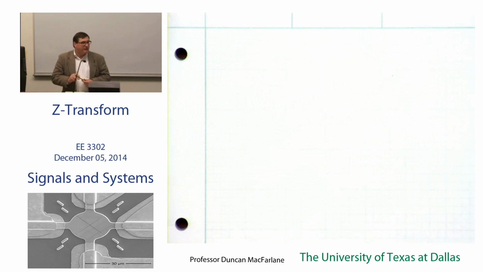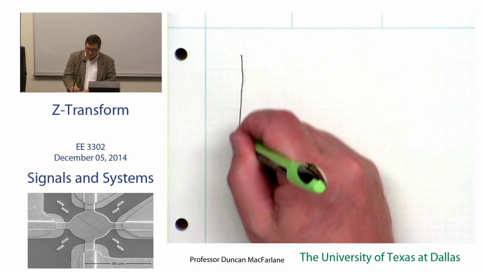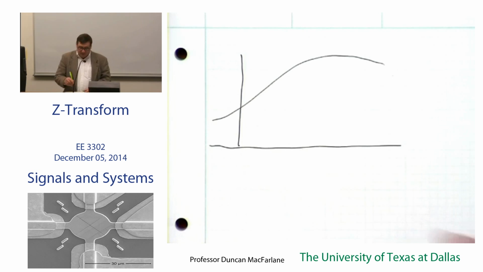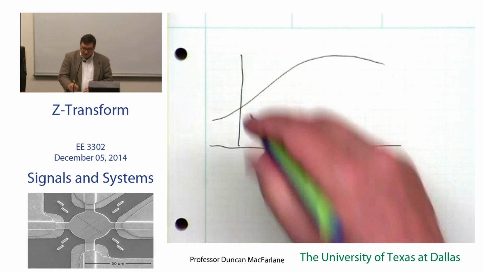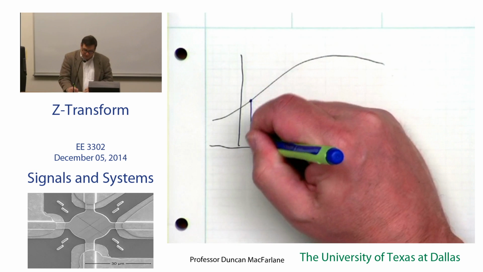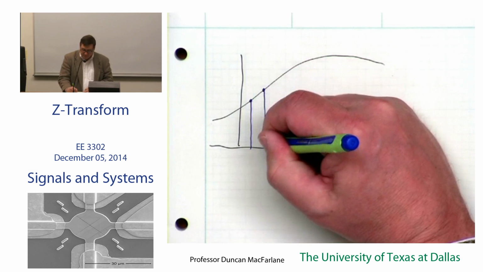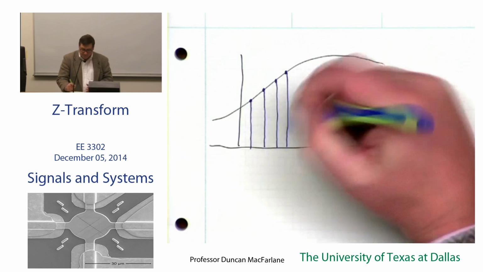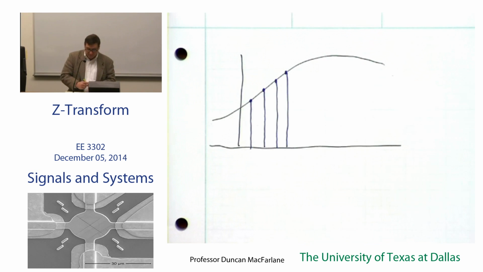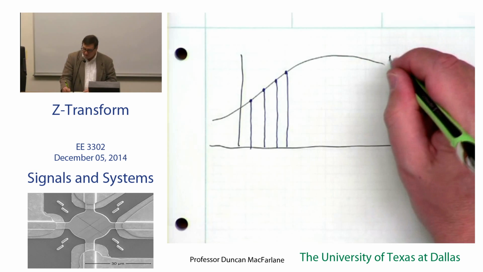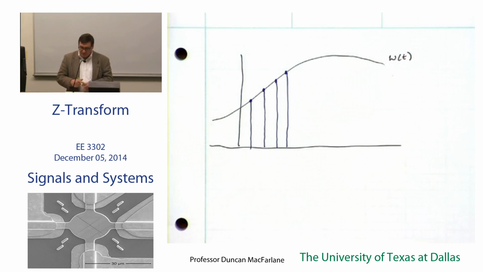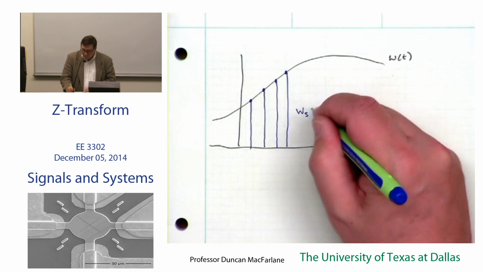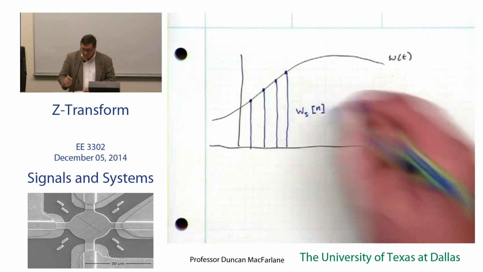Last time we talked about sampling of signals. So I'll just draw a picture to remind you. When you sample a signal, you basically take points and you turn a continuous time signal, what did I call it, W of t last time, and you come up with a W sampled of n.